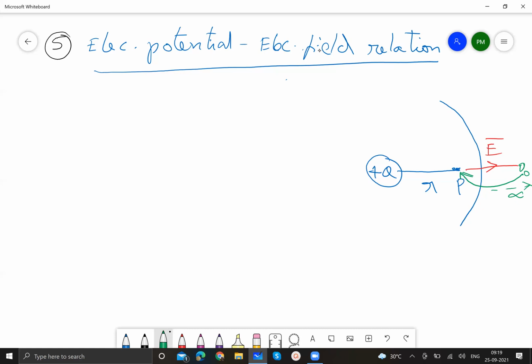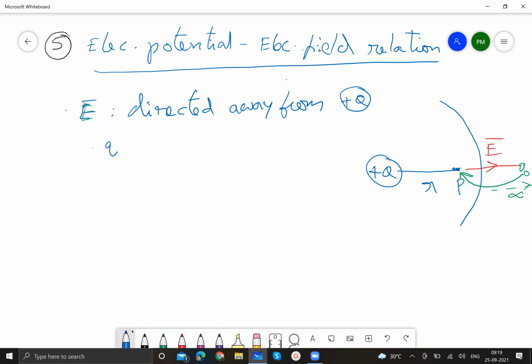So therefore, using these two, now we can easily conclude that E bar is directed away from the plus Q, and Q naught is moved from infinity to a point in the electric field.